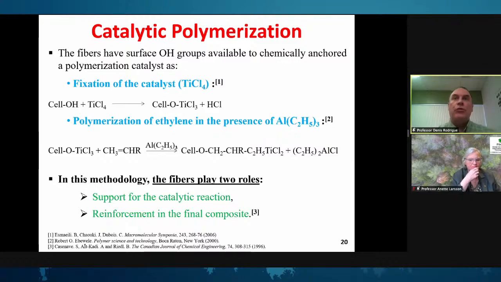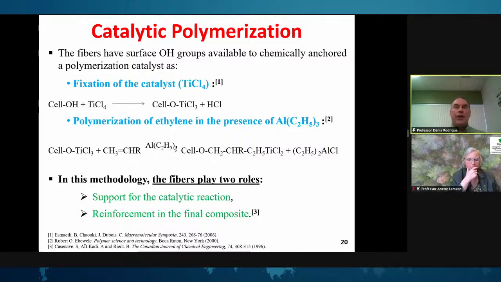I think it's possible to do it like you said. Again, the idea is to try all the possibilities and combinations, but I think it should work. It's just a matter of finding the right conditions to do this reaction. In our case, we started with polyethylene.